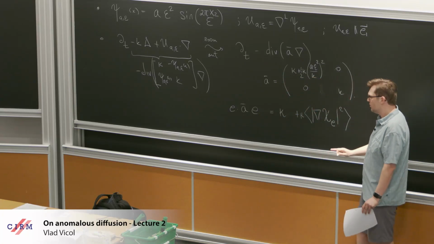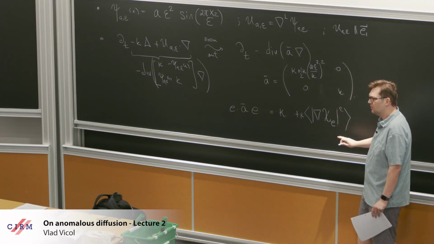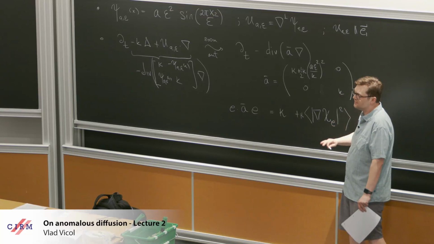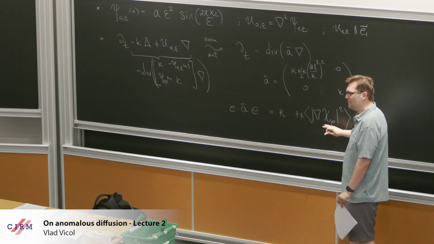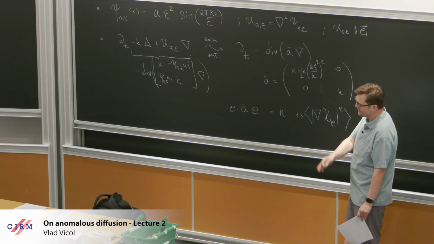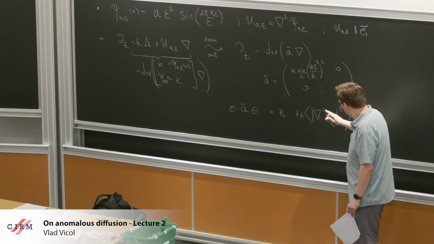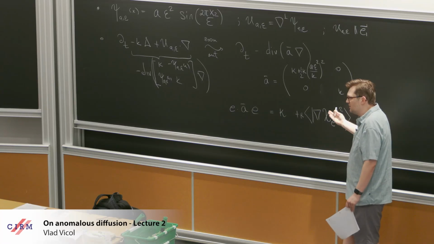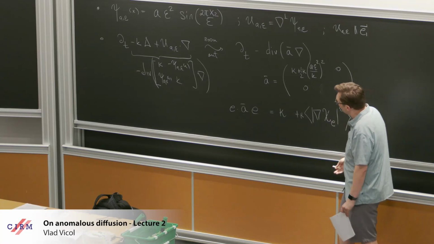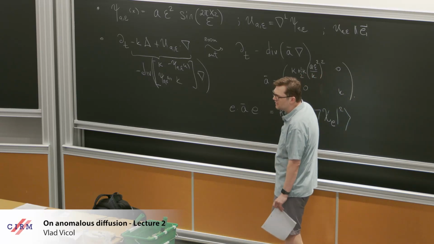So whenever the corrector is not equal to 0, the correctors were 0 mean, so I don't have to worry about constants, this always enhances because it's a positive number. Always. And this has to do, of course, with the fact that this is divergence free.